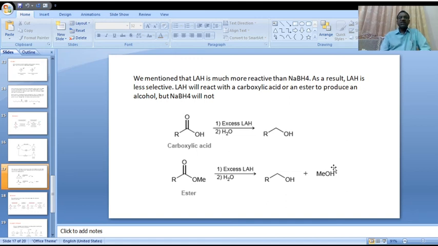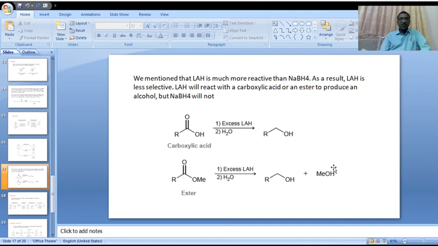very fast. LAH will react with a carboxylic acid or an ester to produce an alcohol. But sodium borohydride will not give this reaction.